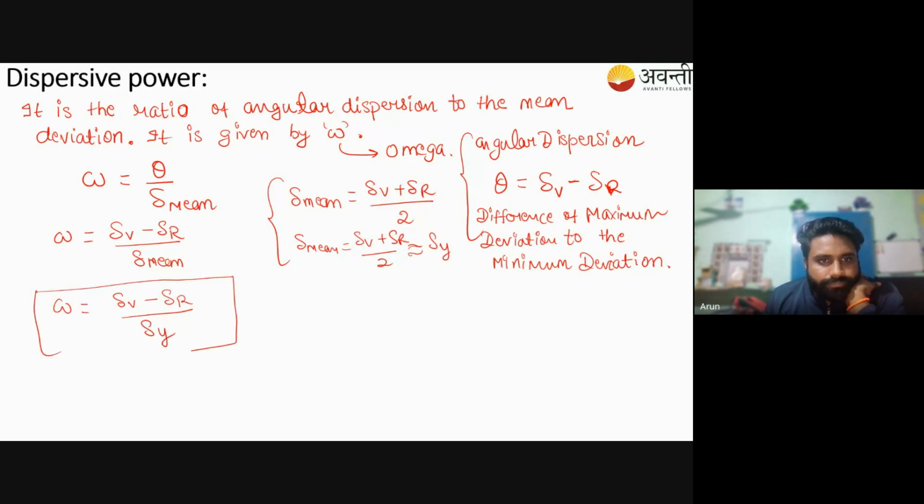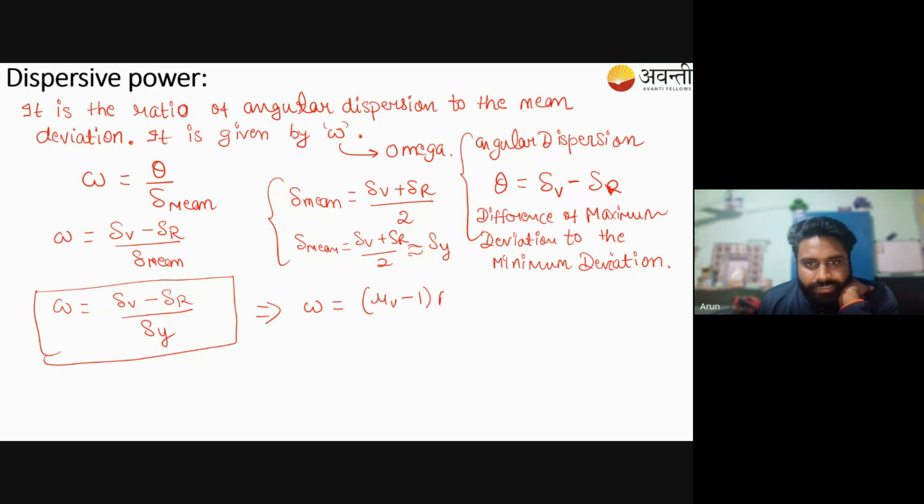Okay. So you can see here this dispersive power only depends on the angle of deviation. You will write it as another formula. You will have omega is equal to, what is the value of del v in terms of refractive index?